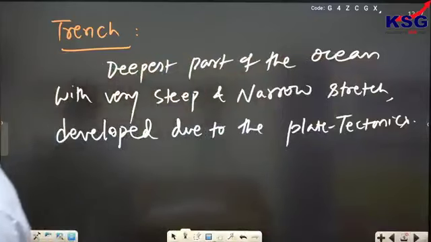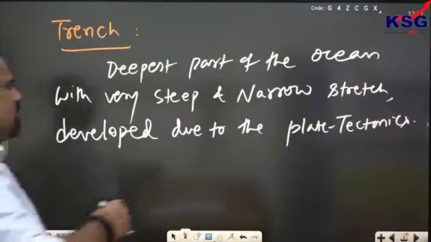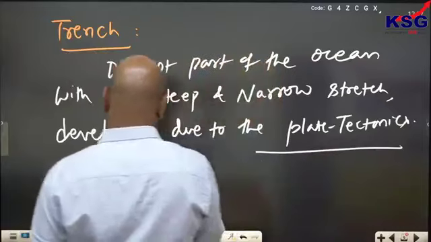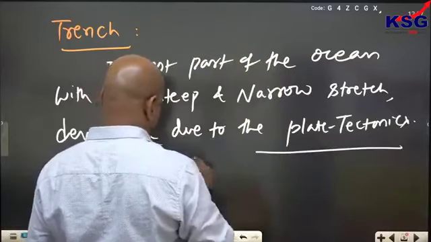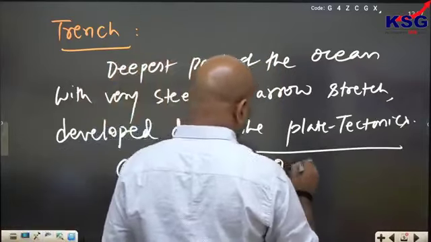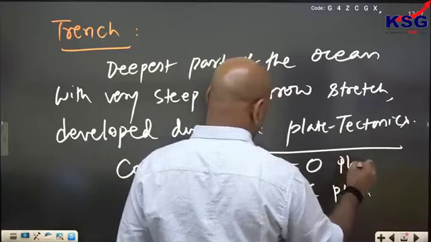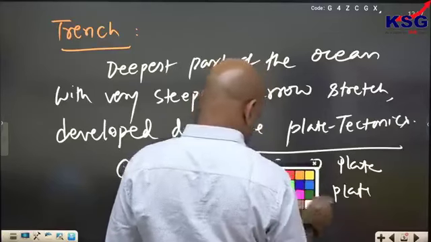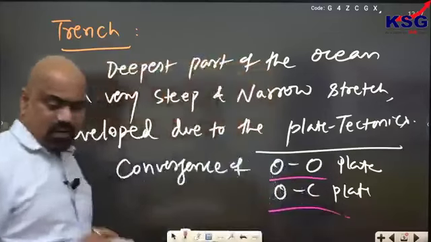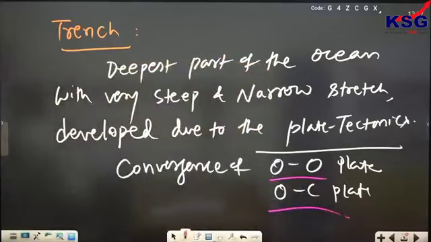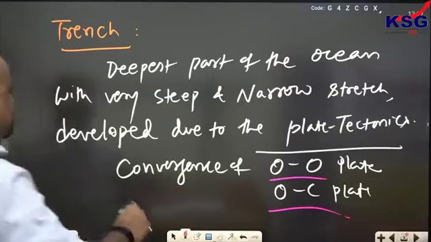Oceanic plate convergence, oceanic and continental plate convergence. You remember that? Plate tectonics here means convergence of the oceanic plate and the continental plate. While they converge, they can form this trench.